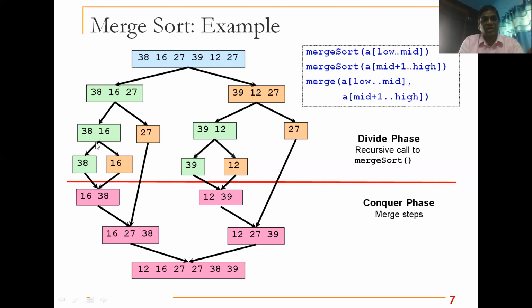So now if you see, this first half is sorted properly. 38, 16, 27 is the first half. Now you got 16, 27, 38. Then again, the same procedure is used to get back the second half's sorted list.